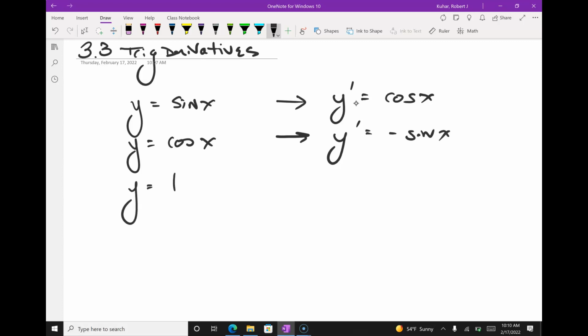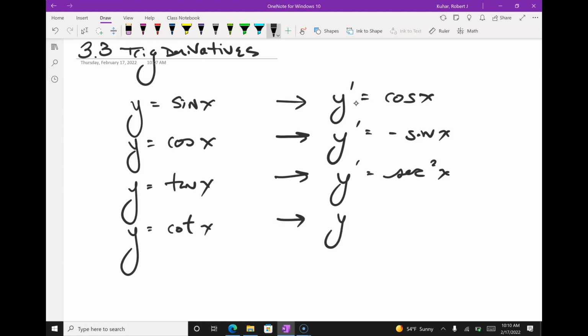If y equals tan of x, y prime is secant squared x. We did that one today with the quotient rule. The other three you should do with the quotient rule. If y equals cotan of x, y prime is negative cosecant squared of x.